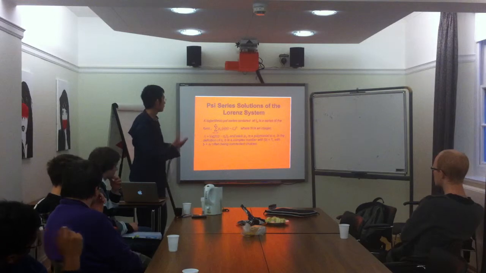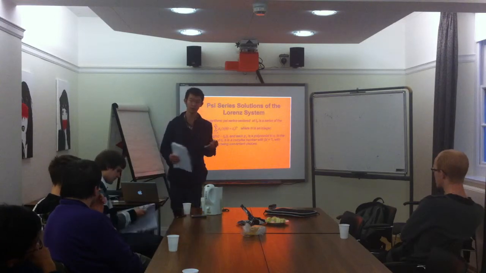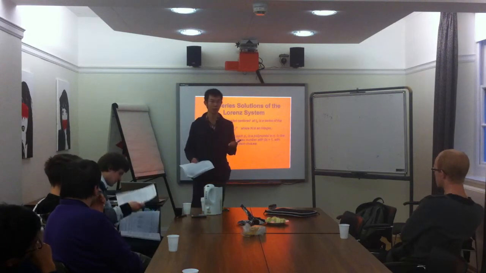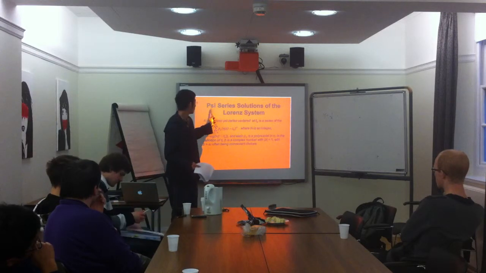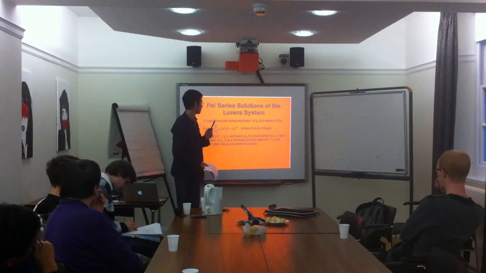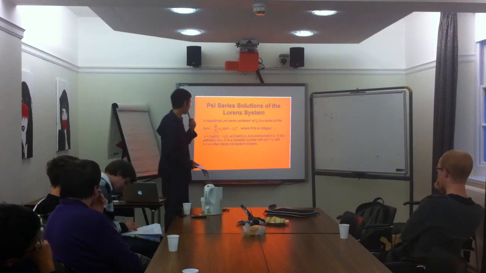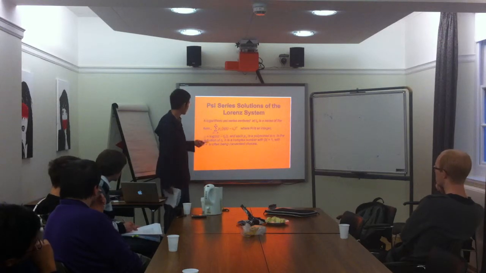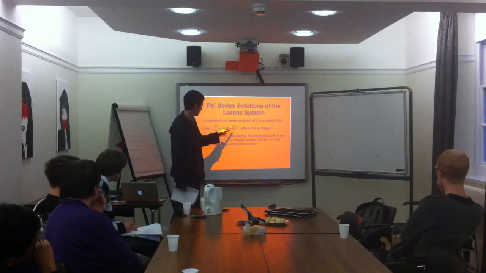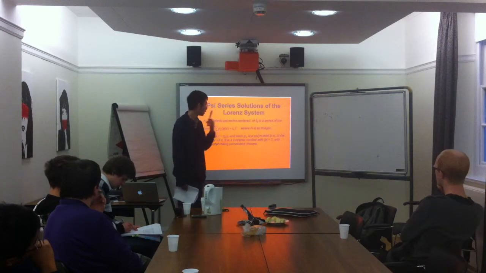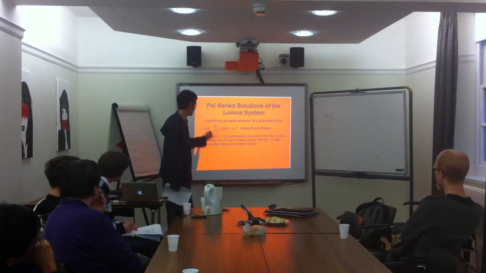You can propose lots of different trial solutions. Physicists normally propose exponential, but in this case they propose psi series solutions of the Lorentz system. The definition of psi series is this: a logarithmic psi series centered at t0 is a series of the form this.